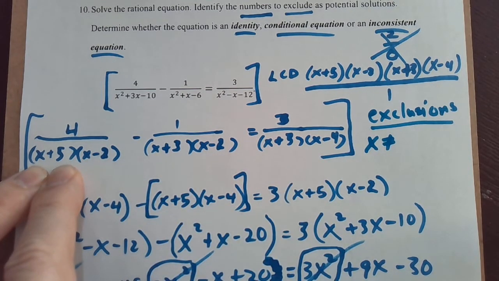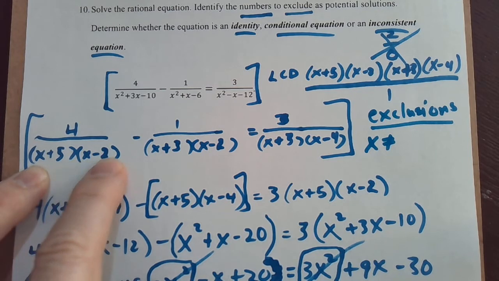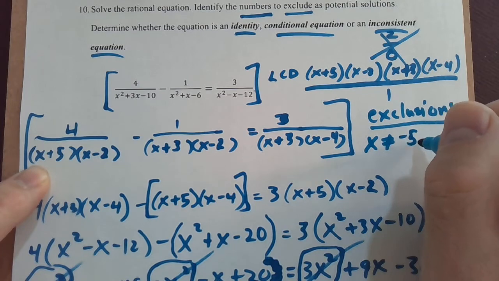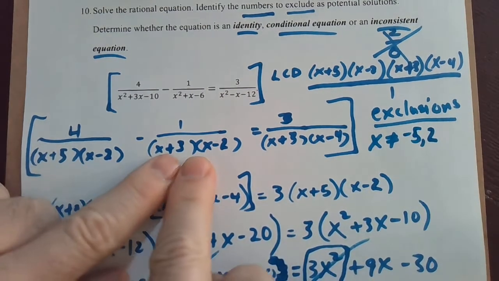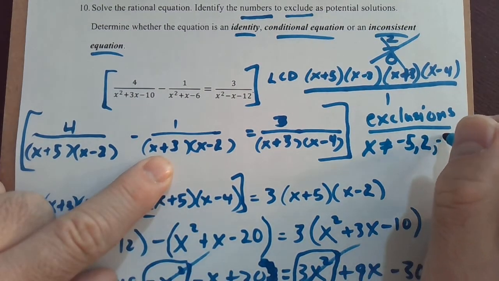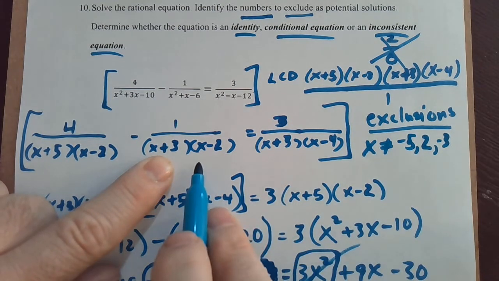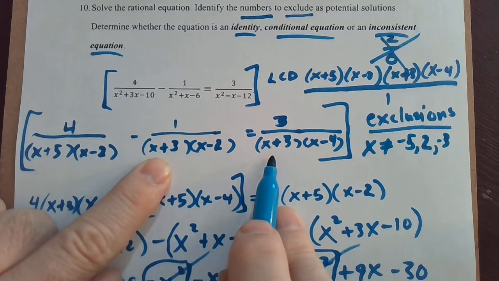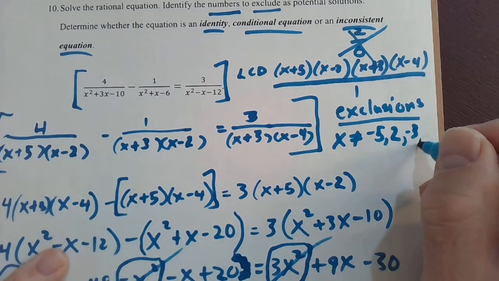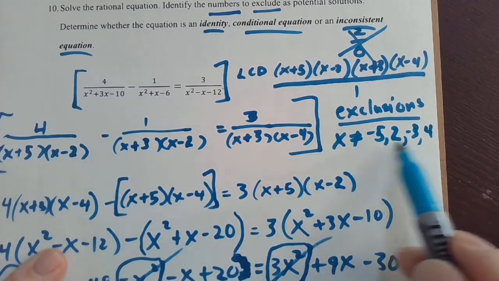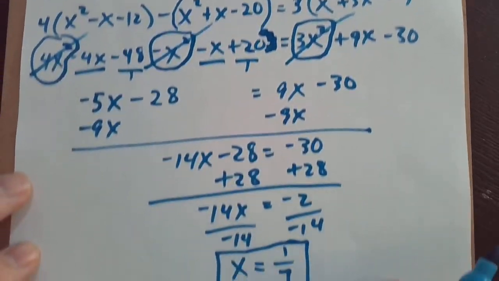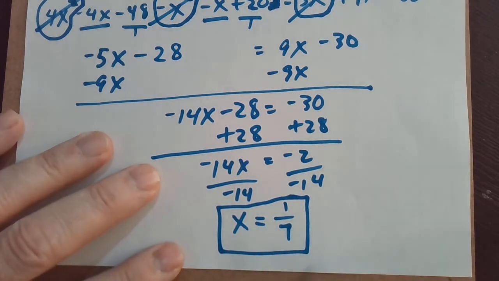If x is a -5 or a +2, this would be a 0. So x cannot equal -5, it cannot equal +2, it cannot equal -3, and it cannot equal 4. Those are the 4 numbers that could not possibly be the solutions. So 1/7 is none of those, so that is actually our solution.